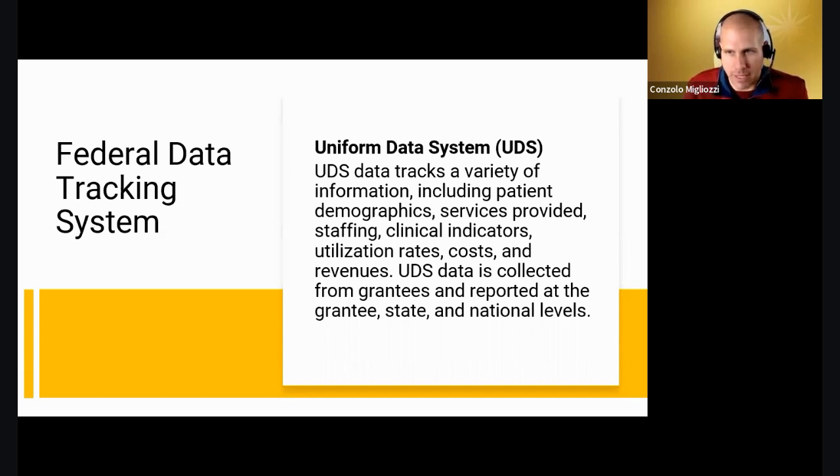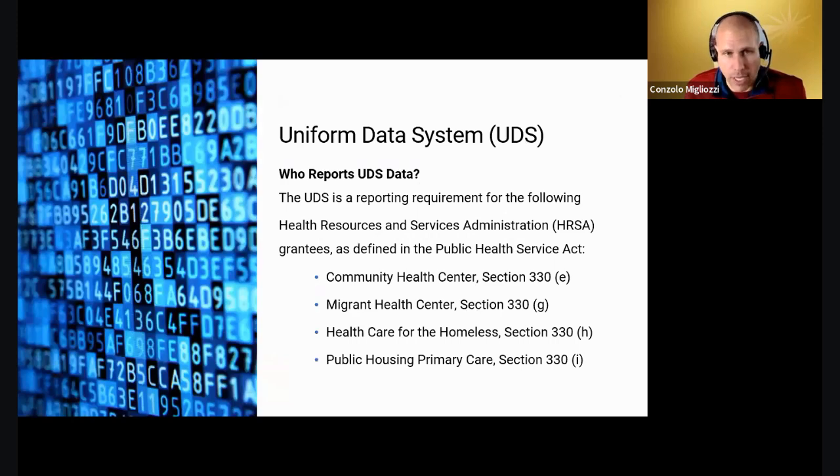So this is the key set of information that they need to report, and this is what you'll be reporting on. This list of things that have to be collected, the uniform data, is for community health centers, migrant health centers, healthcare for the homeless, public housing, and primary care. These are the organizations that have to report back this specific set of data.